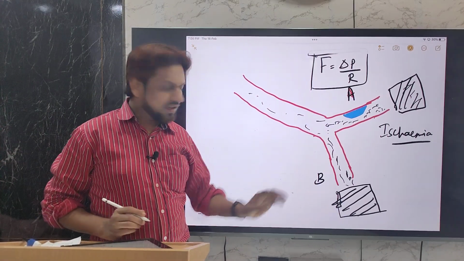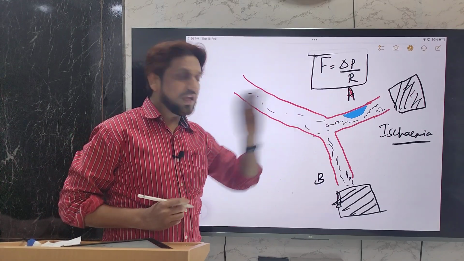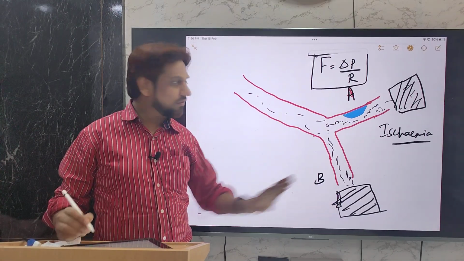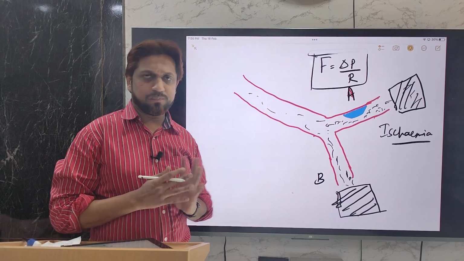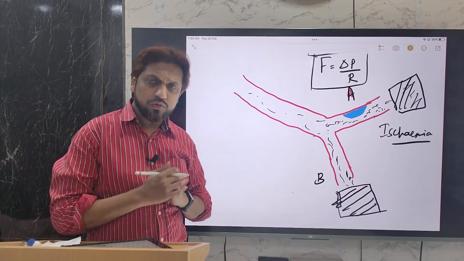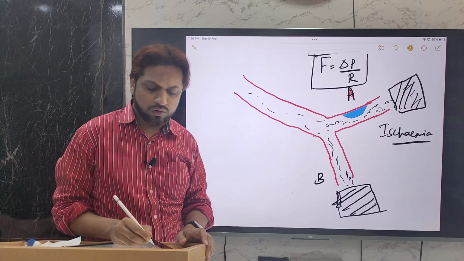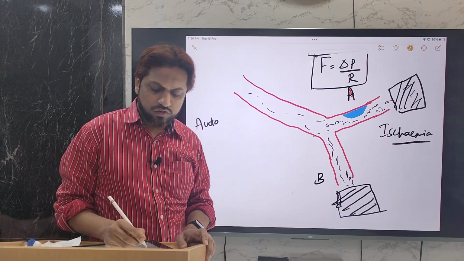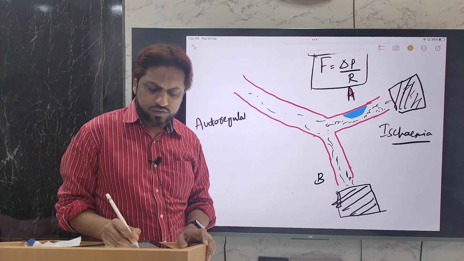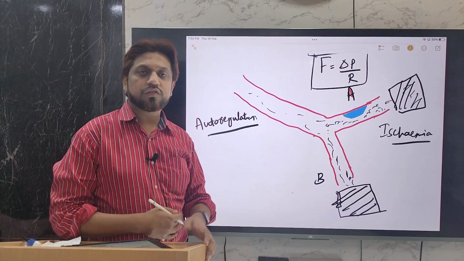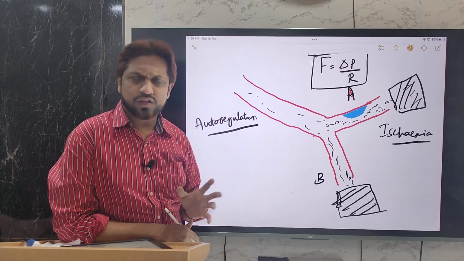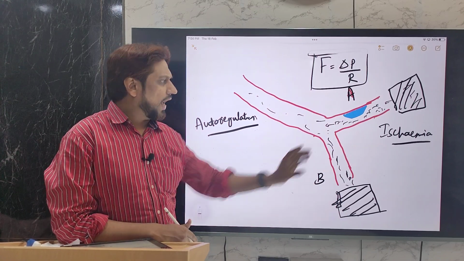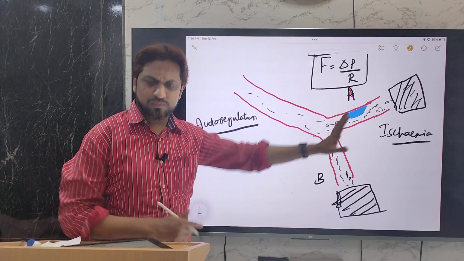Now forget about all this and come back to this point. Obviously, due to the ischemia in blood vessel A, the blood flow will be reduced to this particular part of the heart muscle. Due to this ischemia there is something known as auto regulation or local regulation. With the help of this, substances like adenosine are released locally, and they cause dilatation of this blood vessel.